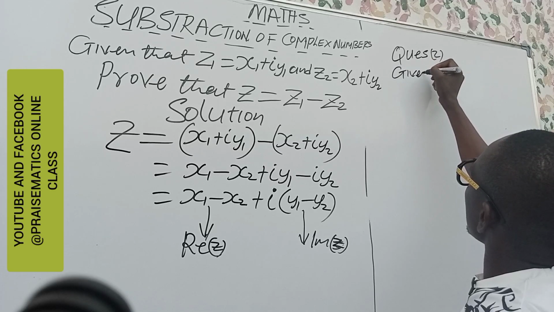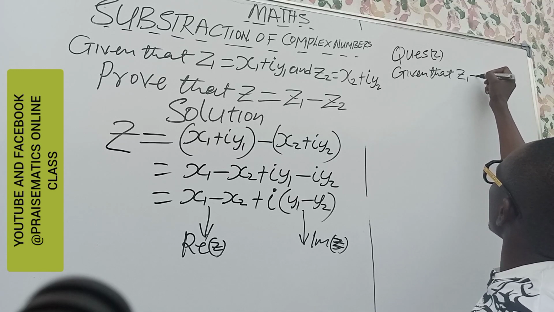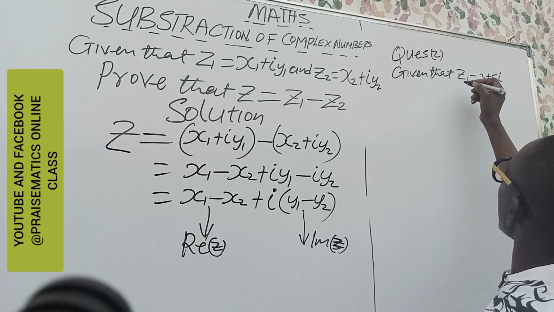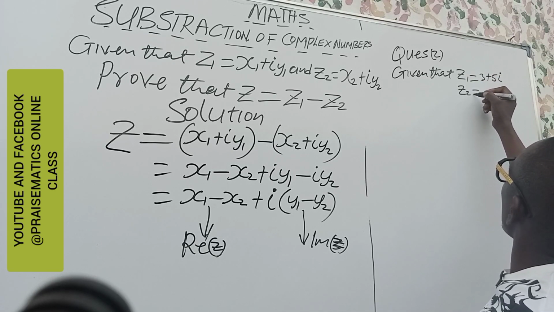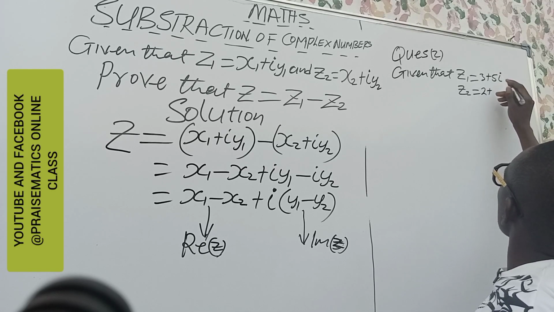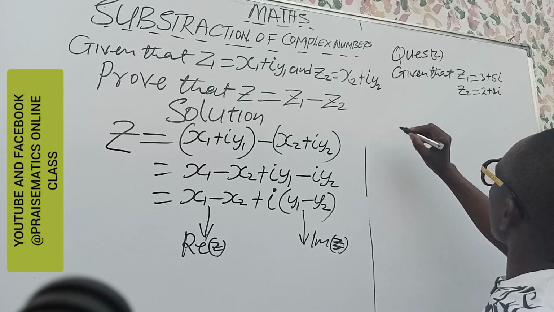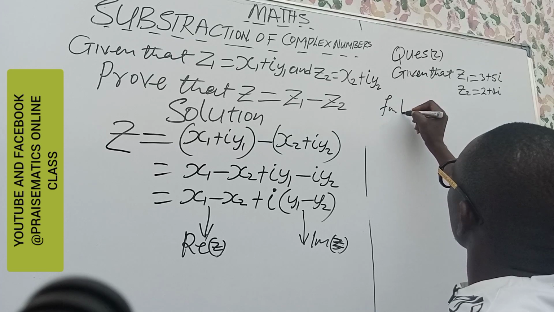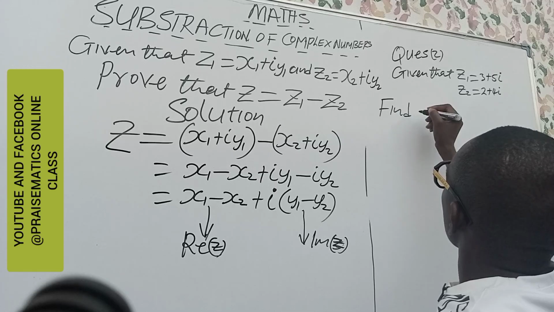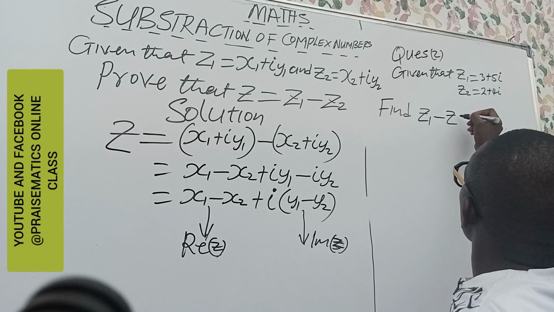Given that z1 equals 3 plus 5i and z2 equals 2 plus 4i, the question says find z1 minus z2.